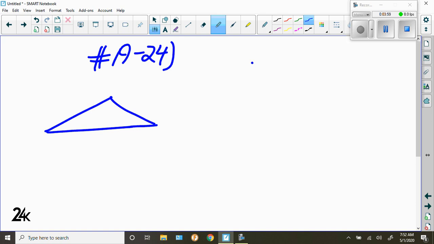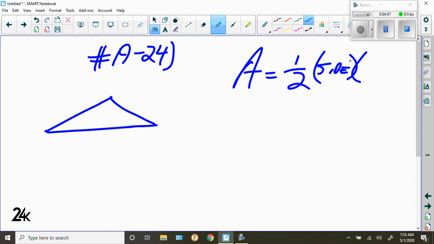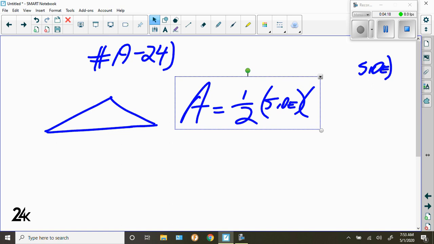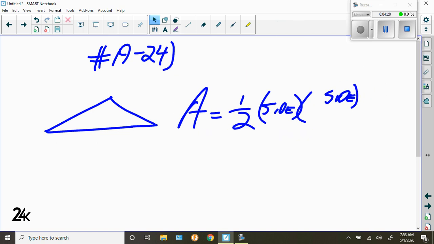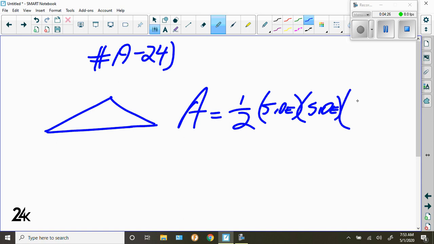Use 1/2, so area equals 1/2 side times side, and this is new, times the sine of the angle. Okay? Use 1/2 side, side, sine of the angle.